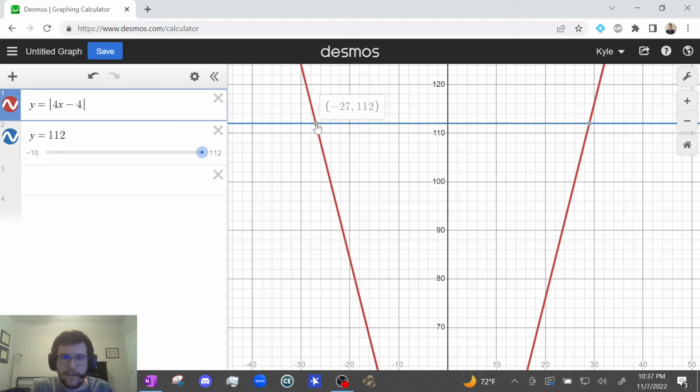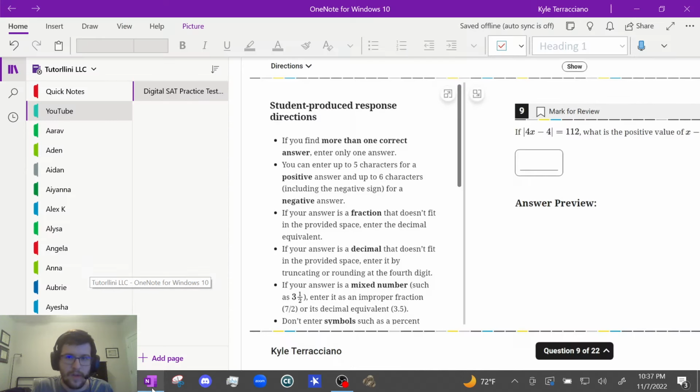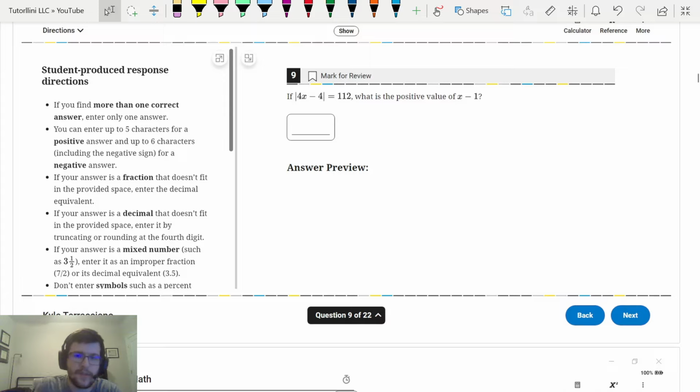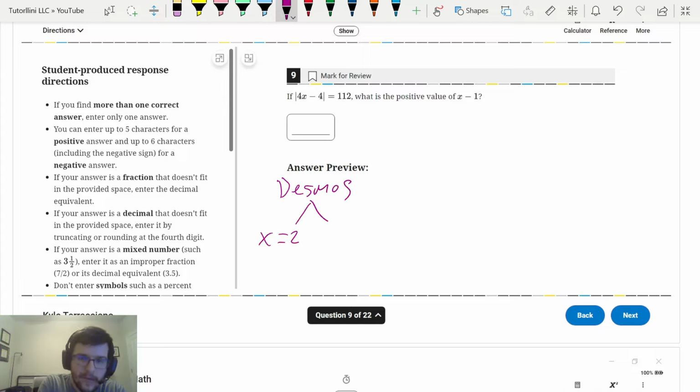So we have x equals negative 27 and x equals 29. Okay, let me go back and write that down. So from Desmos, x equals 29 and x equals negative 27. So x minus 1 would be 29 minus 1, which is 28.